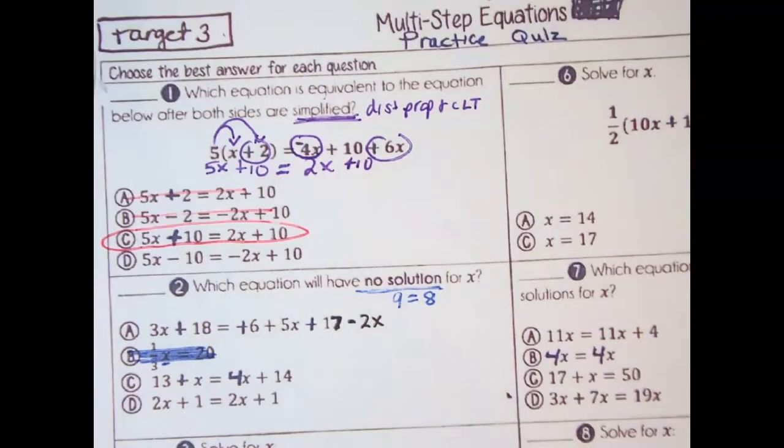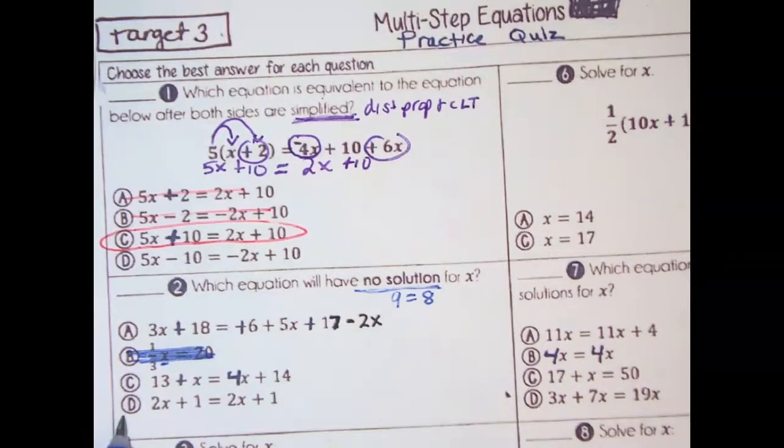Another one, we already know what it looks like. So if you have your target 3 note sheet out, we know what infinite solutions looks like, meaning every number fits. Those are when the sides are exactly the same. So you could have x equals x, 5 equals 5, negative a million equals negative a million. Or look at this bottom one.